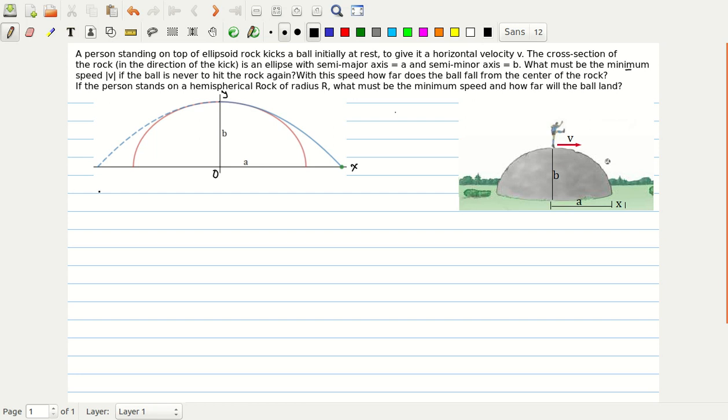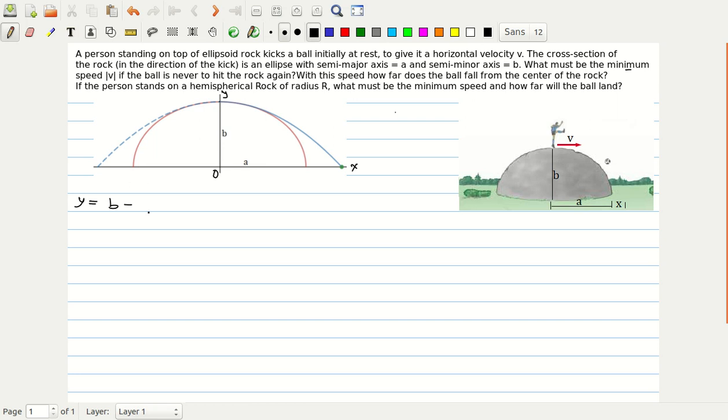We know that the equation of motion in the vertical direction for the football is going to be b minus, since the initial speed in the vertical direction is 0 because the ball has been kicked horizontally, and the acceleration due to gravity is negative g.